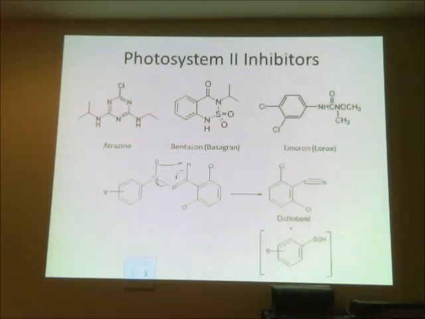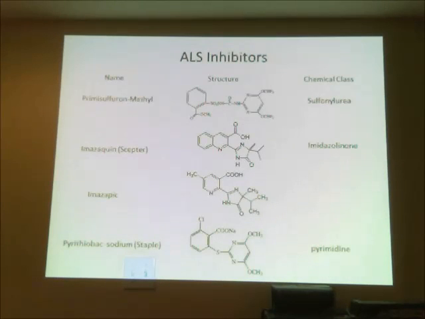Most of these things were broadleaf herbicides. Diclobinol was active against broadleaves, and this compound with the methyl group here was a grass herbicide, but it had some broadleaf activity as well. So that was kind of interesting. It never got developed, by the way, because shortly after this, Diamond Shamrock sold its agricultural chemical division, and I think some of these molecules that I worked on actually got lost in the shuffle.